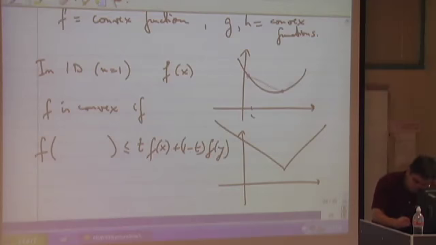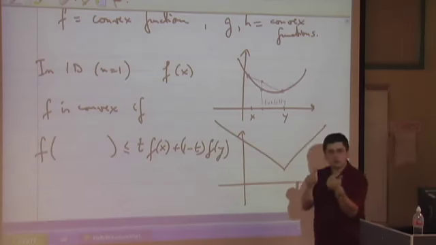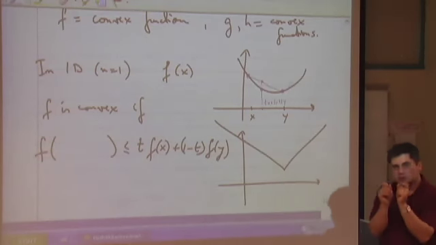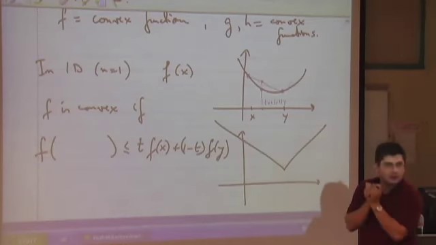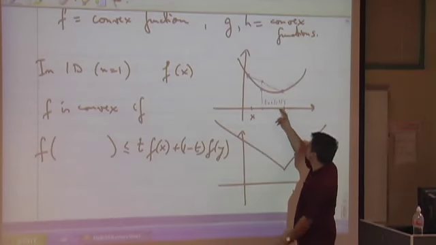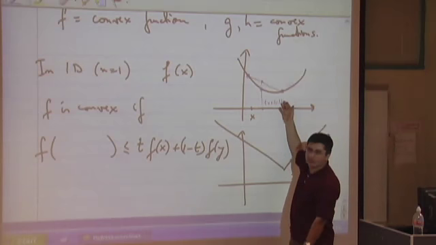So if this is x and this is y, what's an intermediate point? t x plus 1 minus t y. It's a linear combination of x and y, but with coefficients that add up to 1. Okay? Imagine the midpoint. What's the midpoint of these two? It would be 1/2 x plus 1/2 y, right?